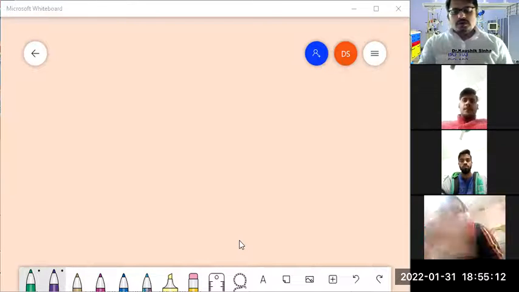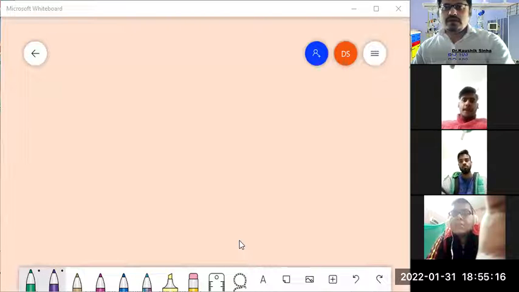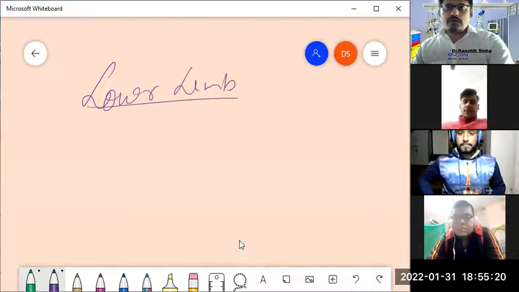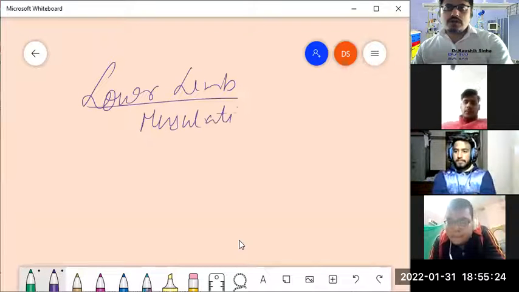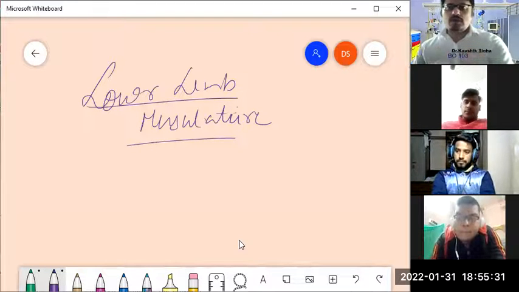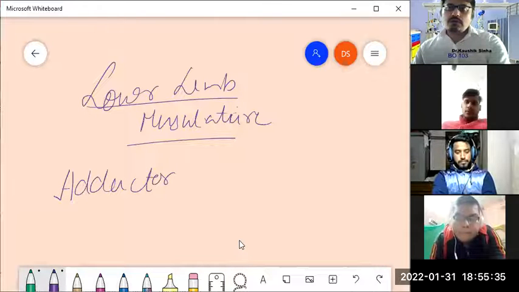Okay. So what I said is that in the lower limb musculature, we have a collection of muscles altogether. They are known as the adductor group.